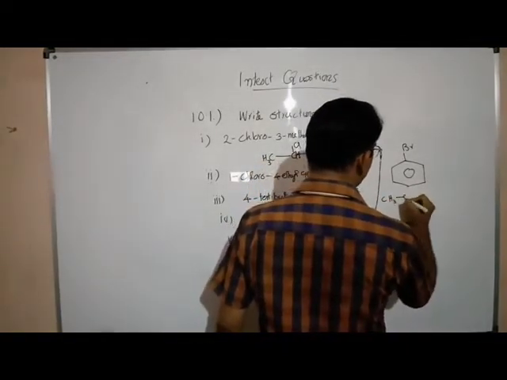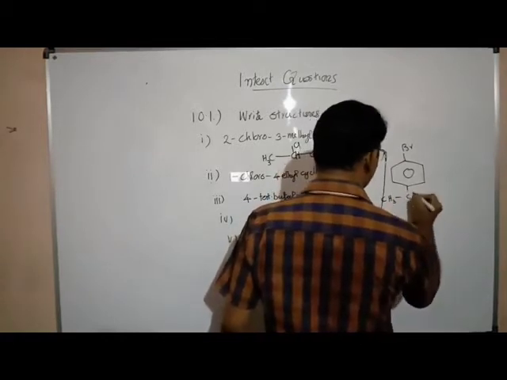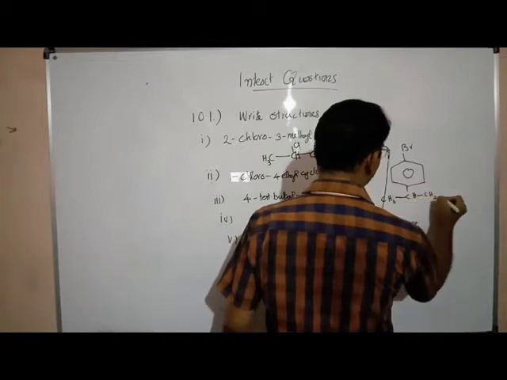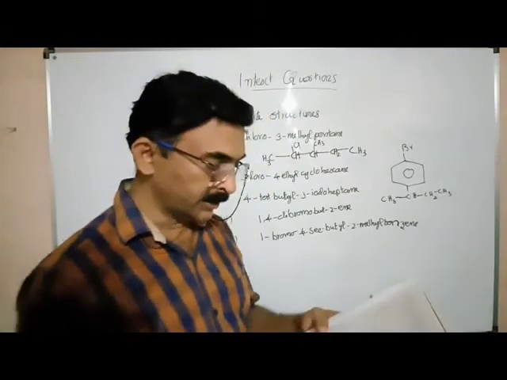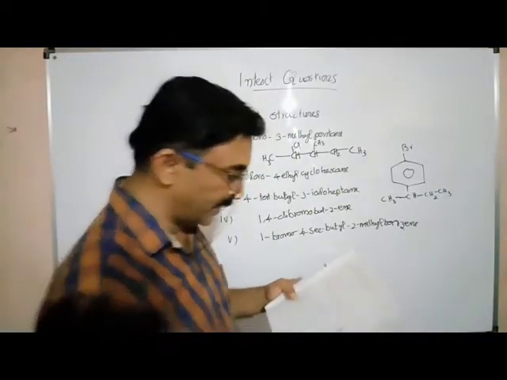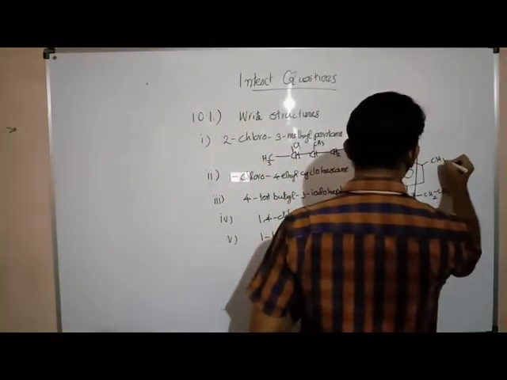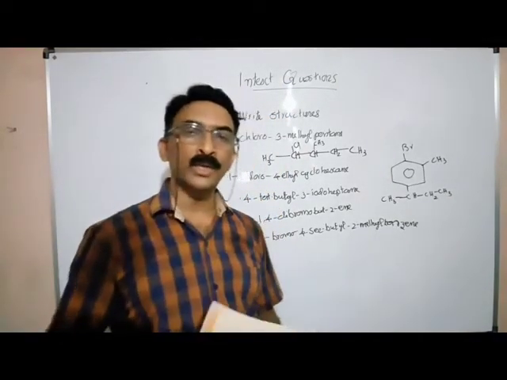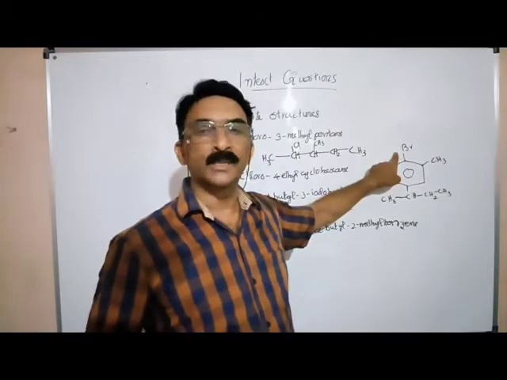CH3, CH, CH, CH2CH3. That's the secondary butyl group. We know that. And 2-methyl benzene. Why do we mention the name in such an order? Because B of bromine comes first. So you have to mention that.